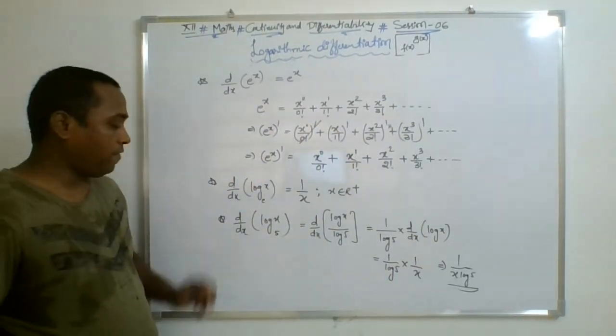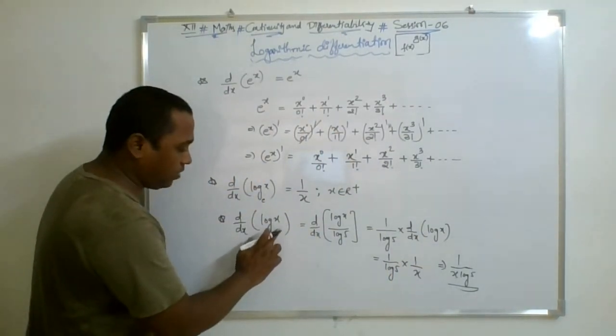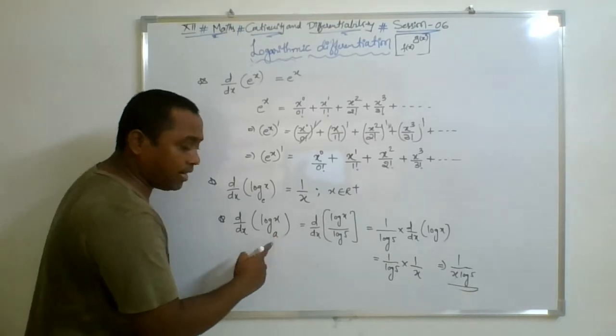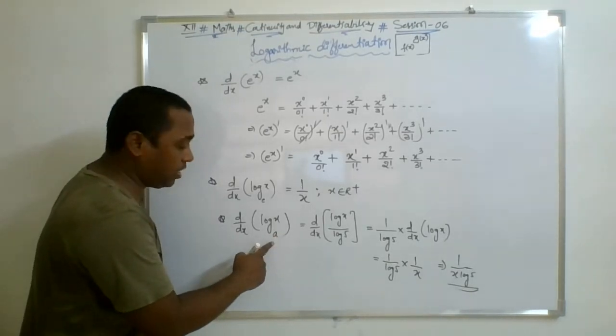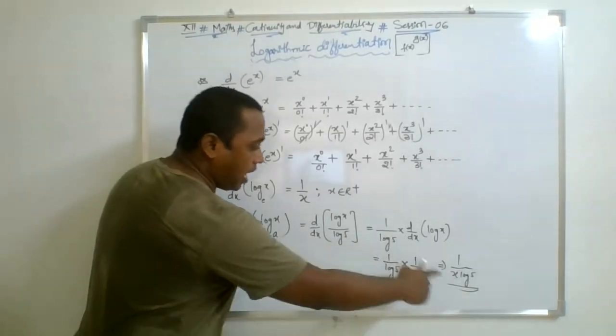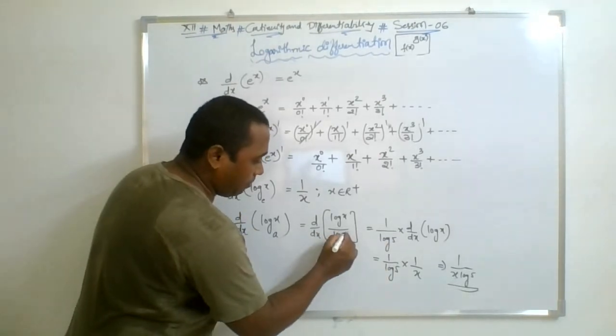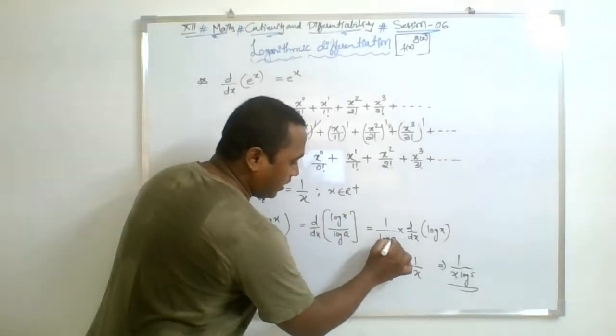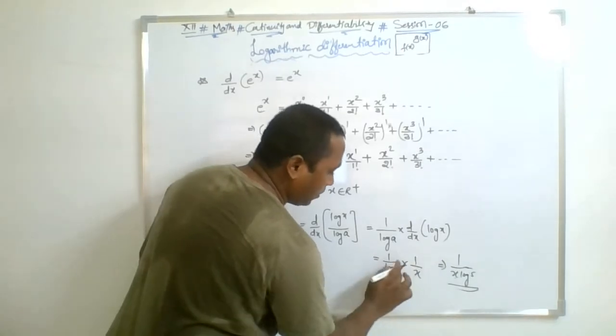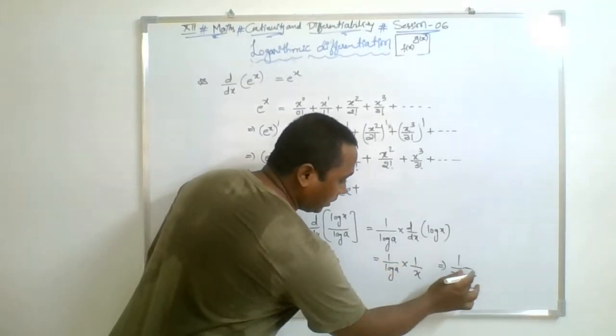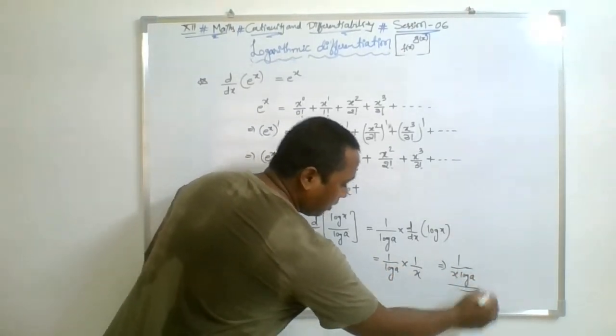Instead of 5, if I replace it with any constant greater than 0, that is a positive real number, the entire process is the same and this 5 will become a. So it gives us a formula here.